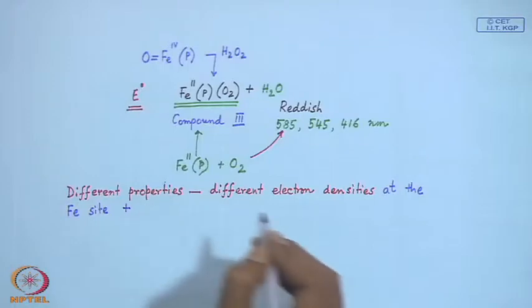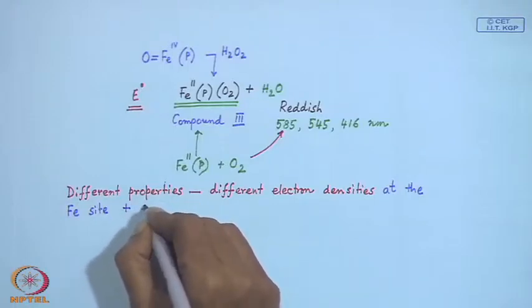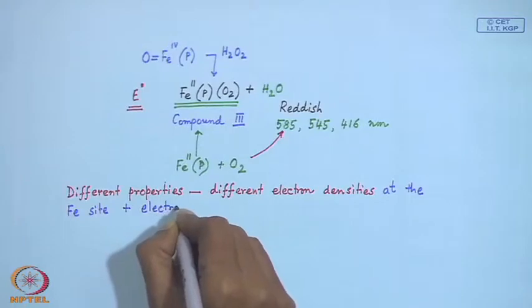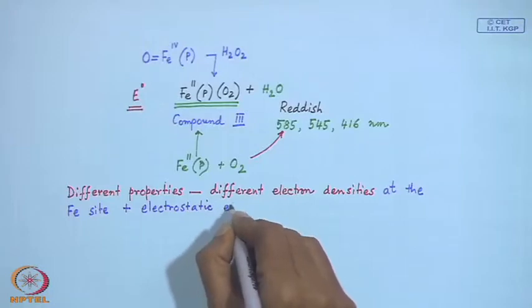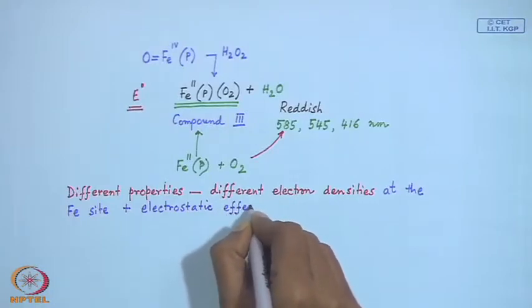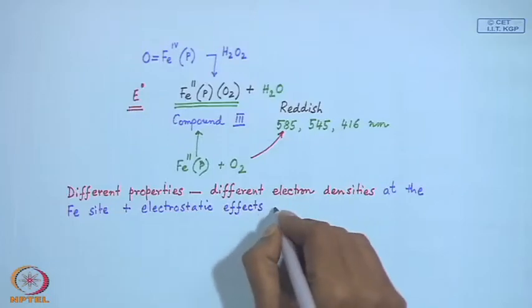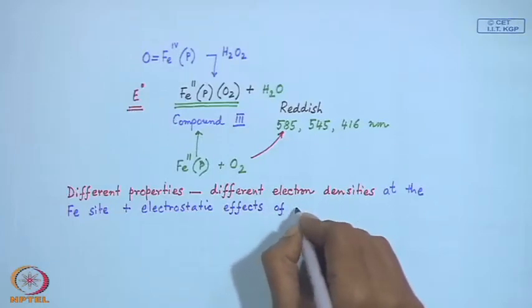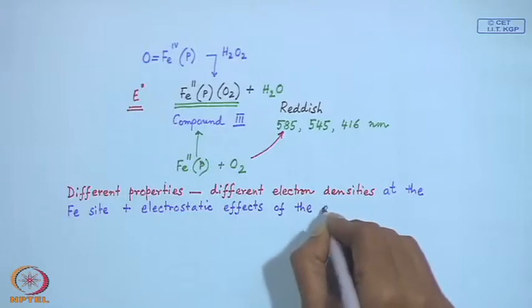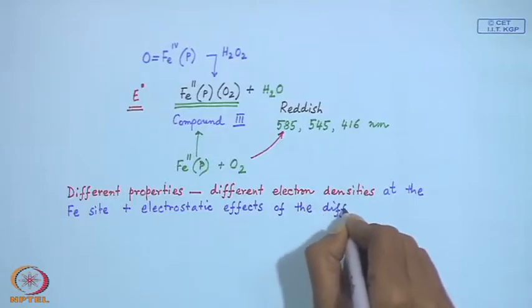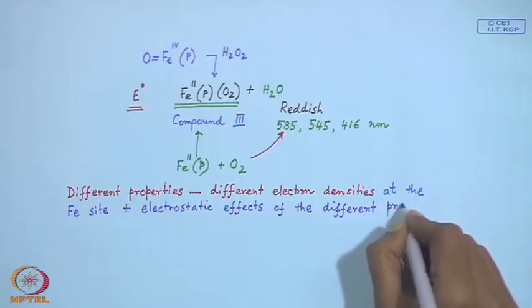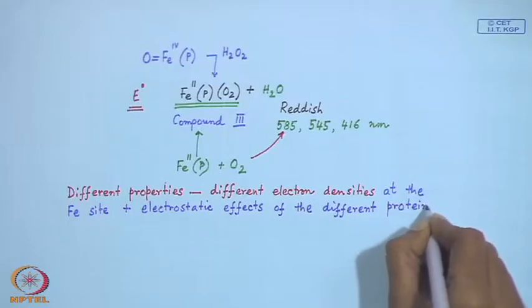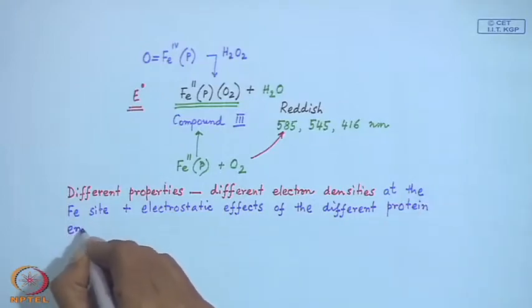So, the second sphere of environment, that means you have the corresponding electrostatic effects of the protein, that means the different protein environments.